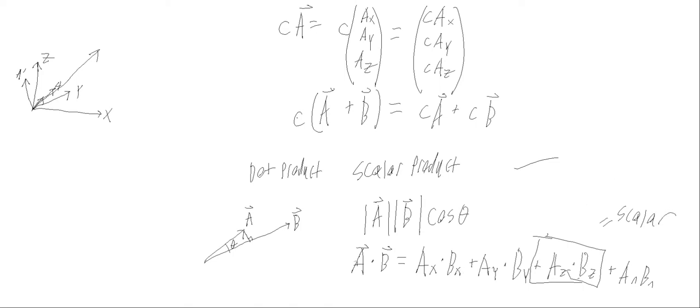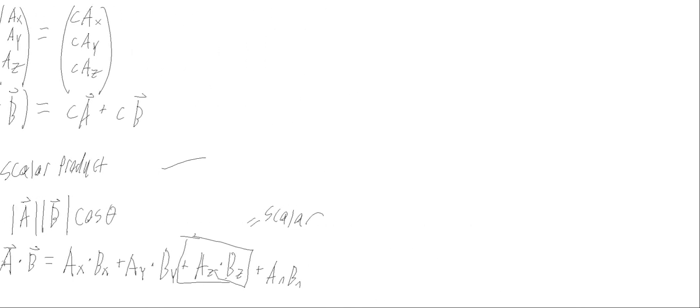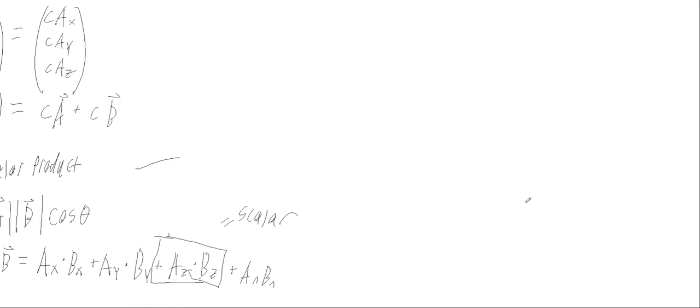But then we can also do what's called the cross product, or sometimes called the vector product. That is because you are multiplying 2 vectors and getting another vector.